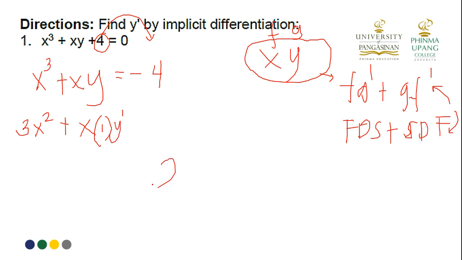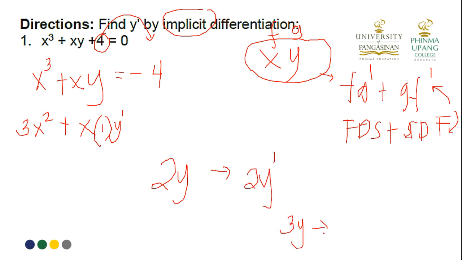Kunyari, sir, what is the derivative of 2y? If the lesson is all about implicit, the derivative of 2y should be 2y prime. So what is the derivative of 3y? Since implicit ang topic, kapag derivative ang lesson, the answer is 3. But if the lesson is all about implicit differentiation, 3y prime ang sagot.